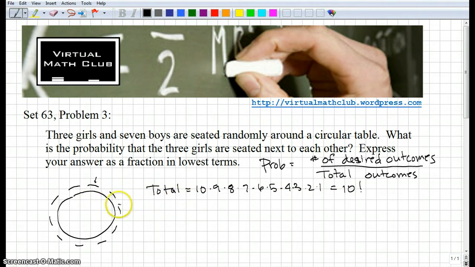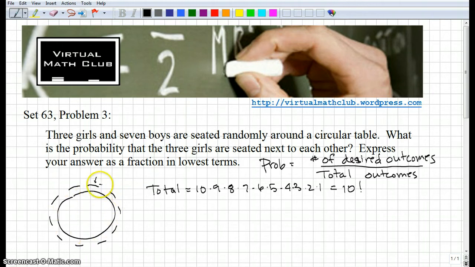And we're assuming here that these are distinct chairs. As long as we're consistent between the numerator and denominator, we're not going to worry about the symmetry of the table, and whether just because we rotate the table, is that the same seating arrangement? We're not going to worry about that. We'll assume they're all distinct chairs.